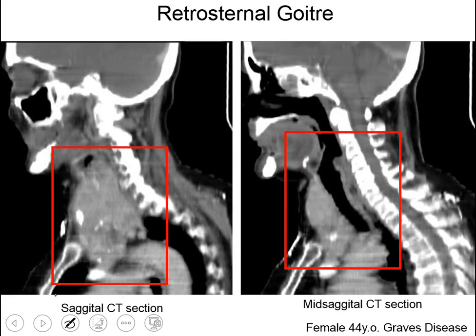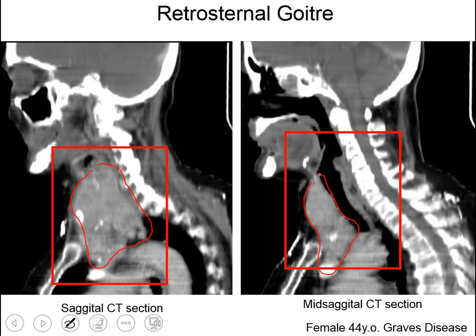And the next slide shows you that if thyroid gland becomes enlarged and most of gland is located behind the sternum, doctor actually may not be able to detect this tissue during visual examination of patient's neck. Best approach to confirm presence of retrosternal goitre would be computed tomography.